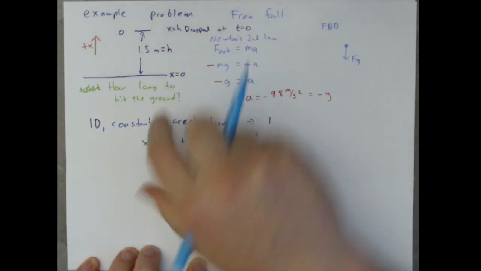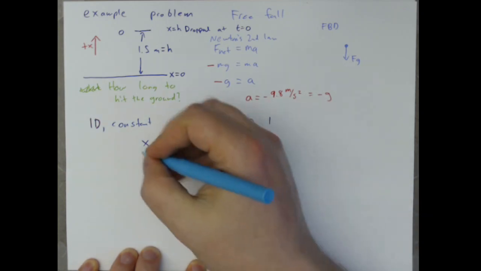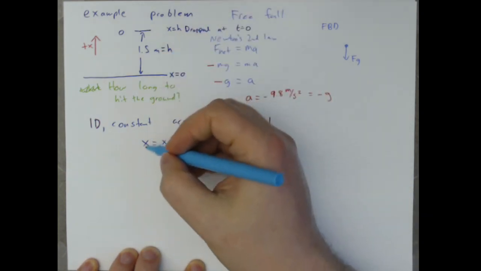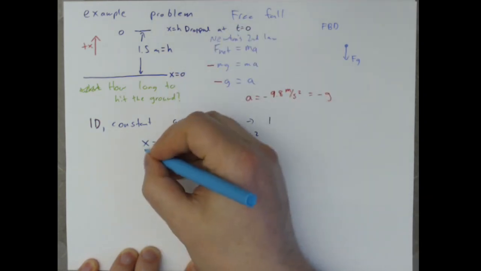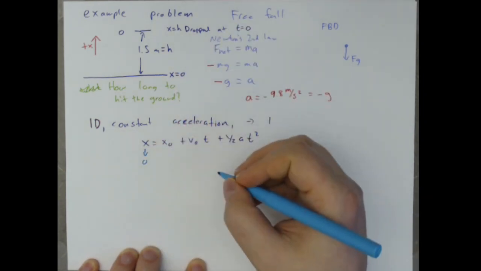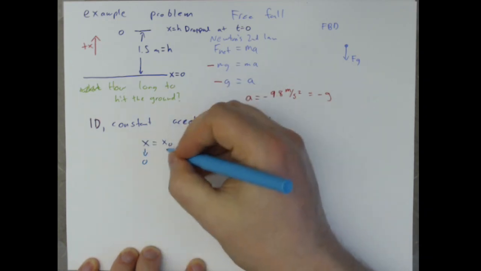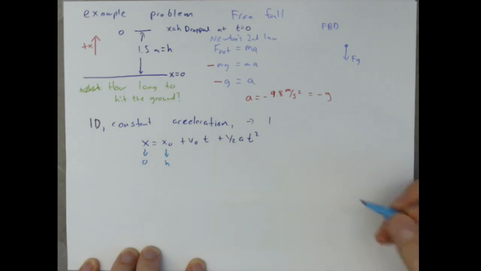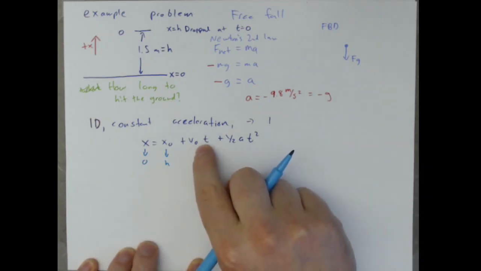So looking at this equation, I have to think about what of these I know. Well, I know the final position is when it hits the ground, so my final is 0. Its initial position at time 0 is the height. So what's the initial velocity?